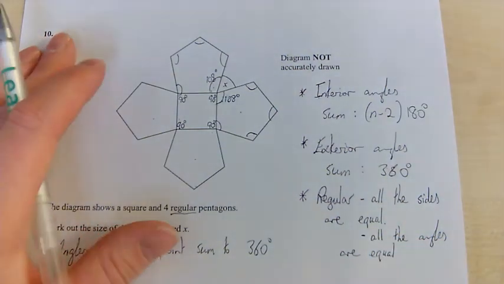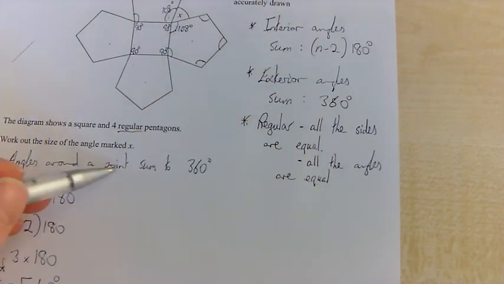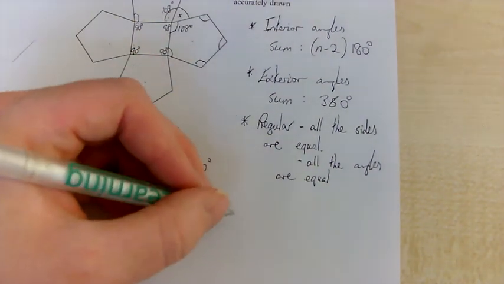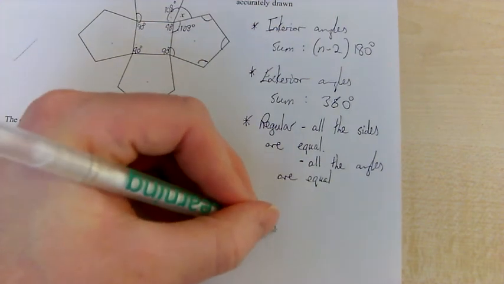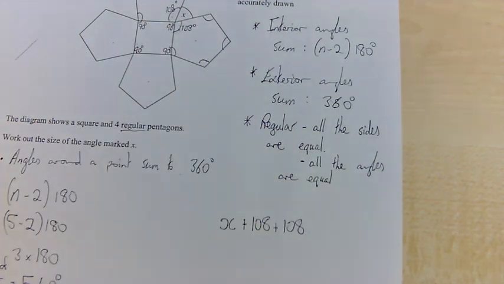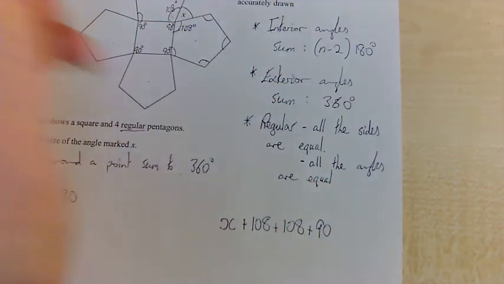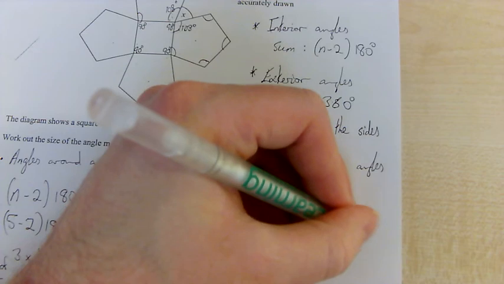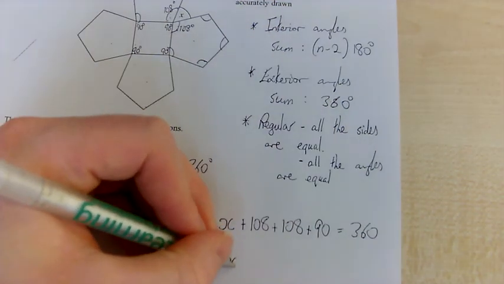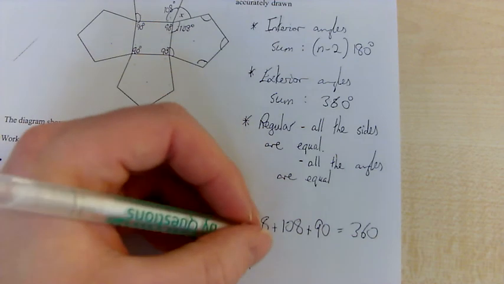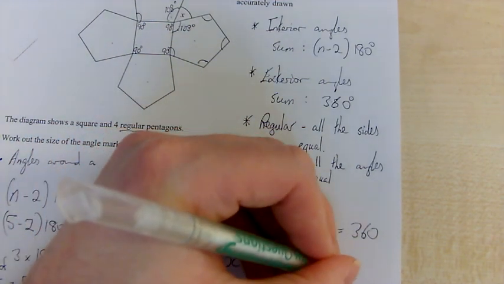Final step on this one. We know that from back here, angles around a point sum to 360 degrees. So X plus 108 degrees plus 108 degrees plus the 90 degrees in the square all add to give 360 degrees. So X plus 216 plus 90 equals 360.